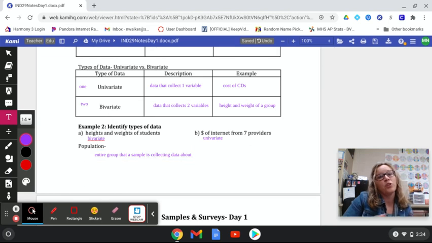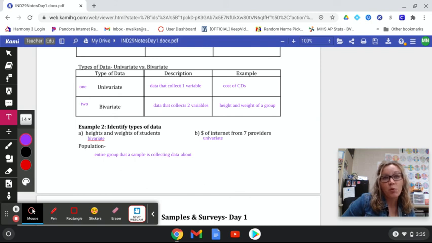So, if you wanted to collect some data about high school students in the United States, it might be really hard to collect data from every single high school student in the United States, but maybe you could collect data from multiple schools in the area and maybe include big schools, smaller schools, private schools, public schools, to where you get a wide variety of people.